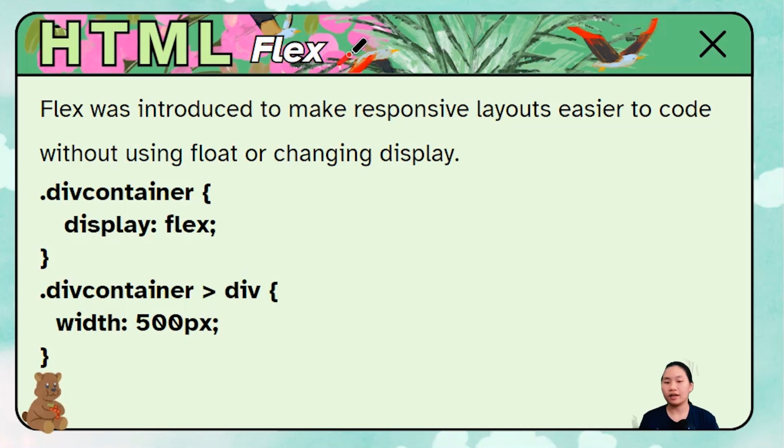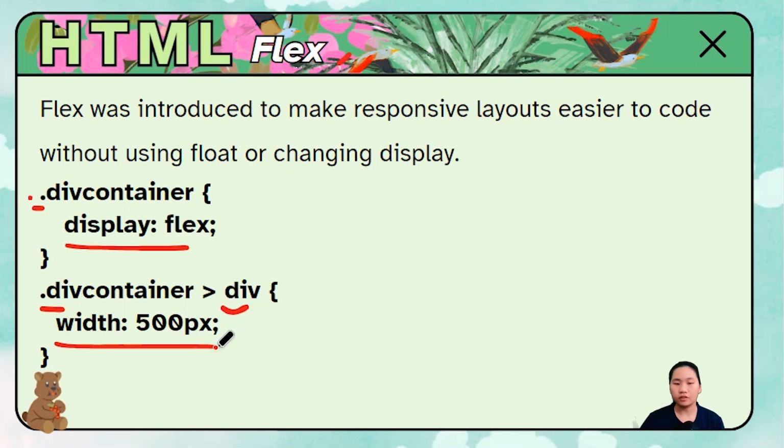People just happen to use that out of practicality. Here I have a class with a dot, div container, display flex, and then next you need to handle all of the divs in the div container and assign them a width. You can do this with percentage or pixel.